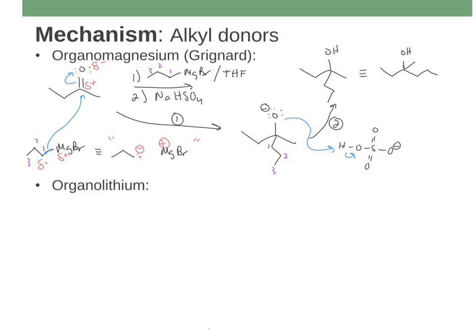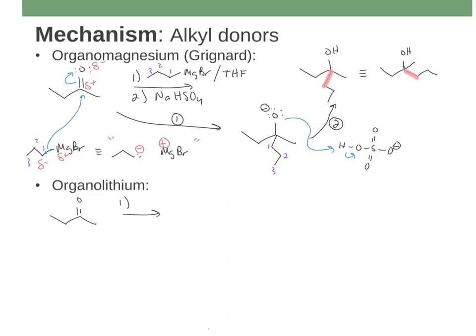This is a new way, so when you start to do more synthesis problems and you have a larger molecule with more carbons, you want to start thinking it could be one of these organometallic things, these Grignard reagents. I'll do an organolithium one real quick, but it's basically the exact same thing.